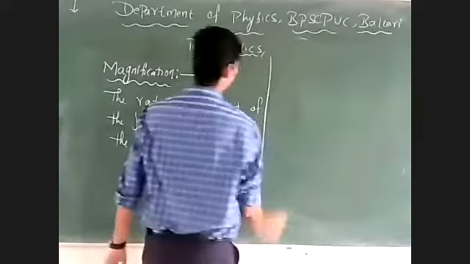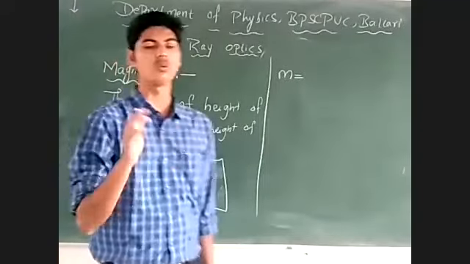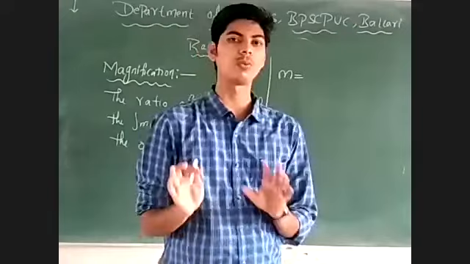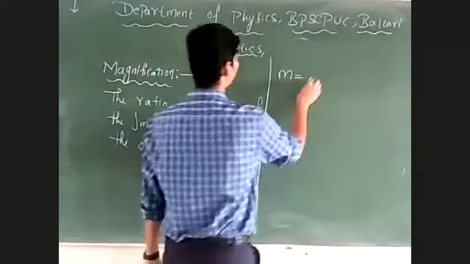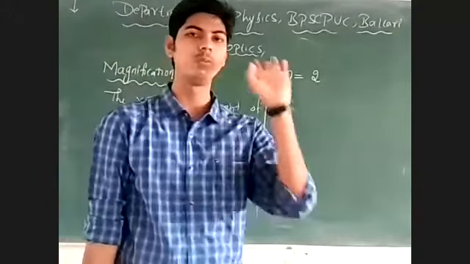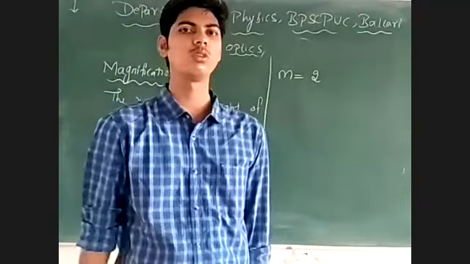Suppose you are dealing with mirrors, you have calculated the magnification produced by a mirror and the magnification has come out to be 2. What do you understand when magnification is said to be 2?